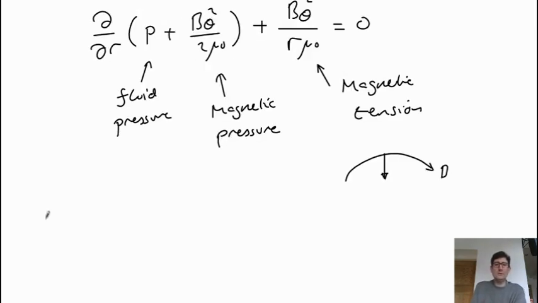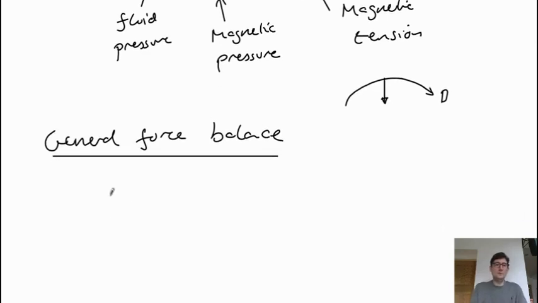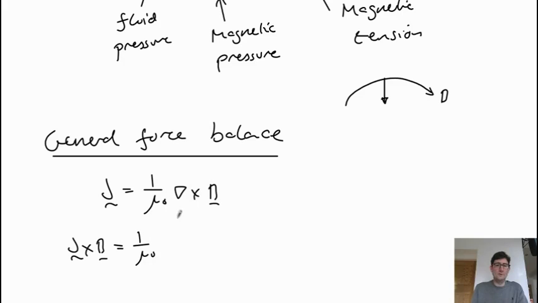And so we can actually derive an even more general expression. This is for any geometry. We have J, it's 1 over mu naught curl of B, and then we can combine that with J cross B. We'll just insert this into here.